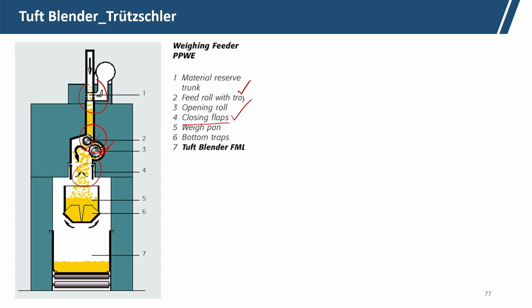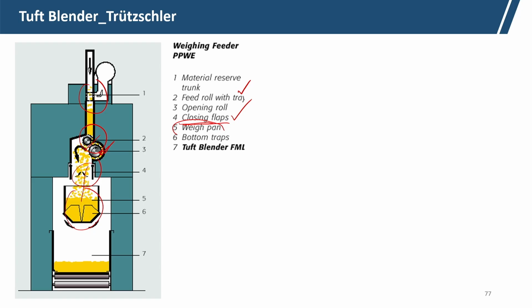The material then goes to the weighing pan. In the weighing pan, based on the prerequisite weight or mass of material, the closing flap opens or closes, so that it controls the delivery of material from the reservoir.